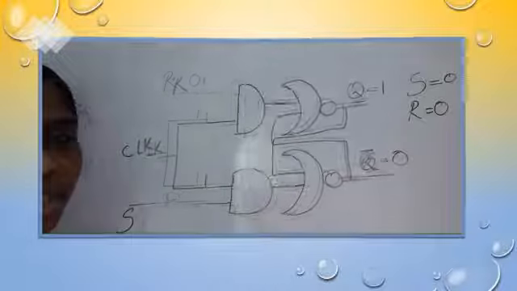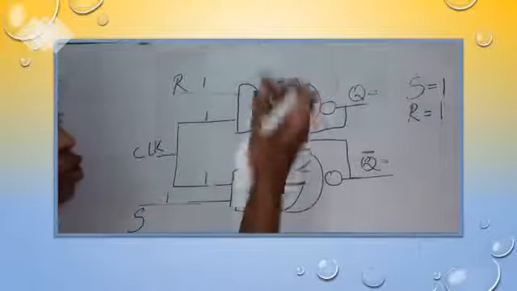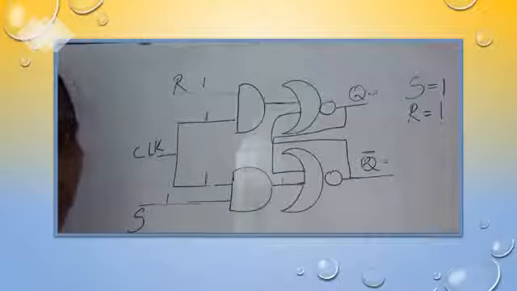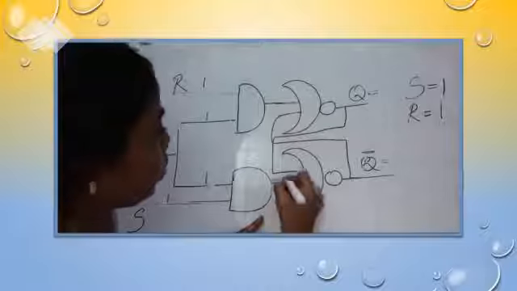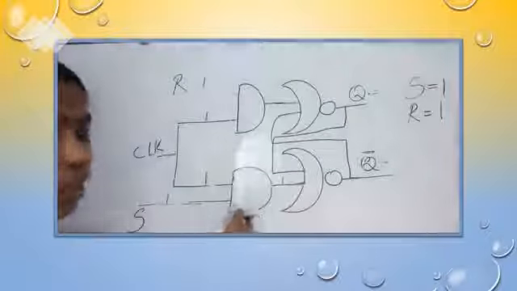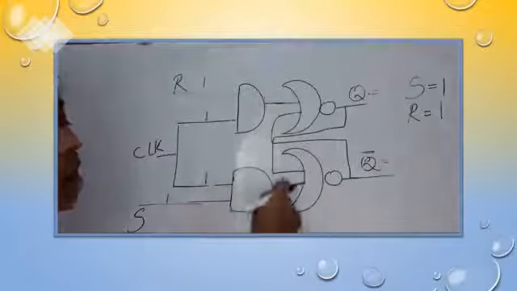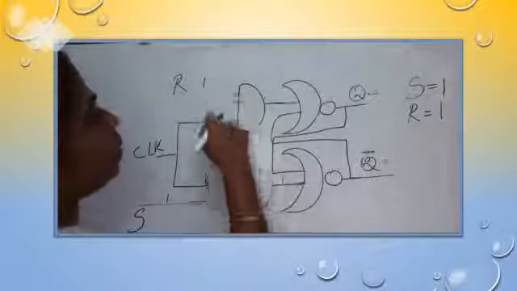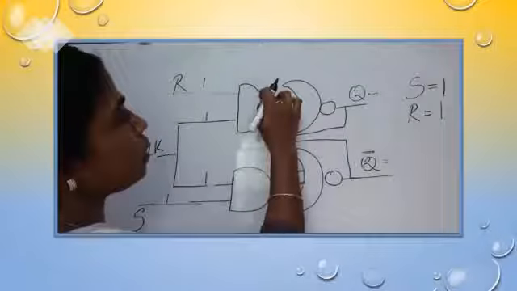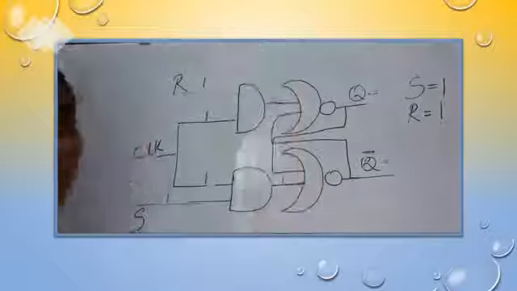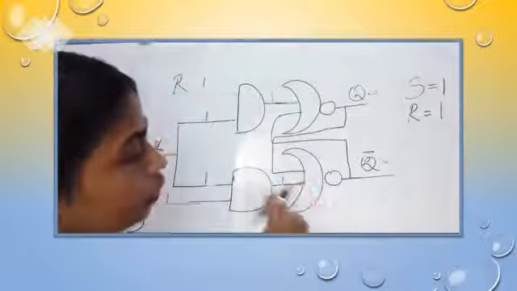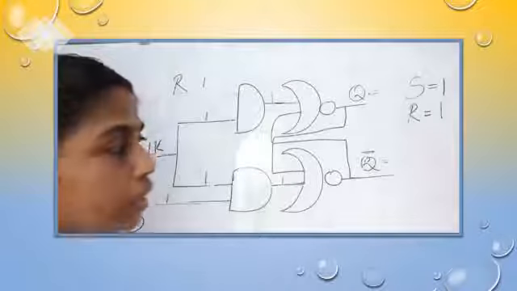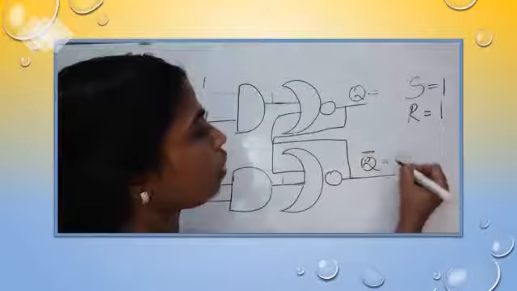Okay. Next, suppose both S and R are equal to 1. In this case, what will be the output here? Here it is 1 because in the case of an AND gate, if all the inputs are 1, the output is 1. Then, in the case of a NOR gate, if any of the input is 1, we can say that the output is 0.